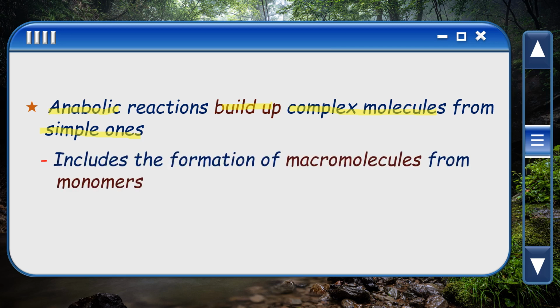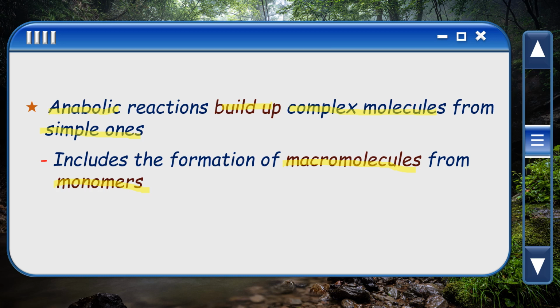Now, this includes the formation of a macromolecule, which is the protein, from monomers. Our monomers are the amino acids, the simple subunits which recur to form a macromolecule, which is a protein, a bigger molecule made up of smaller molecules.